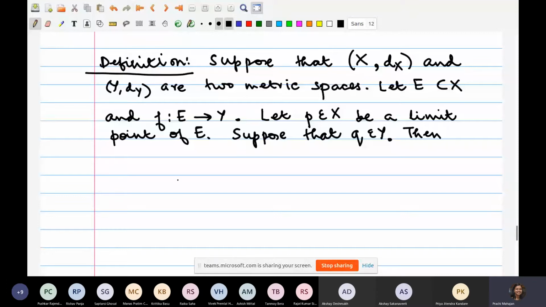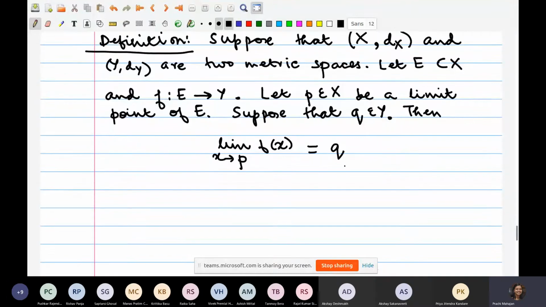Then we say that the limit of the function f(x) as x tends to p exists and equals q provided the following is true. So let me write this definition down, and I'll try to convince you that this is exactly what you are already familiar with.